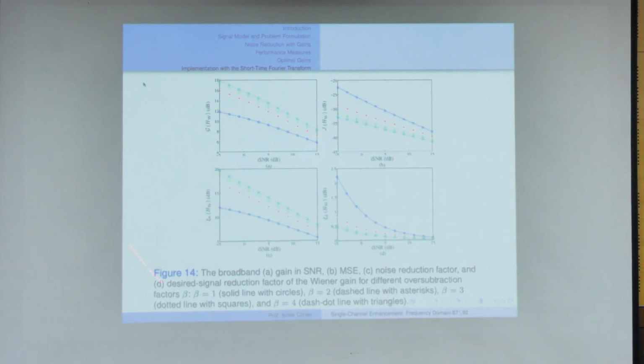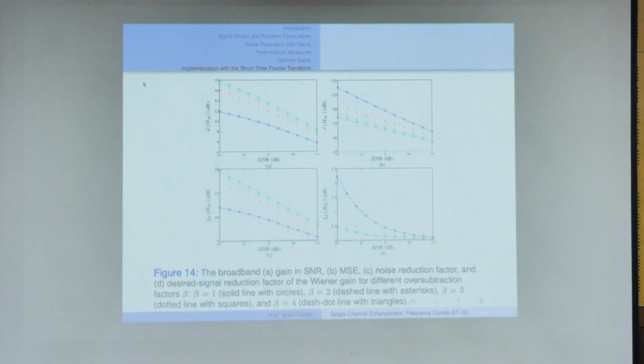Because we suppress noise in the lower SNR components, when we increase the noise reduction factor, we necessarily also increase the output SNR. But it comes at a cost of increasing the distortion.